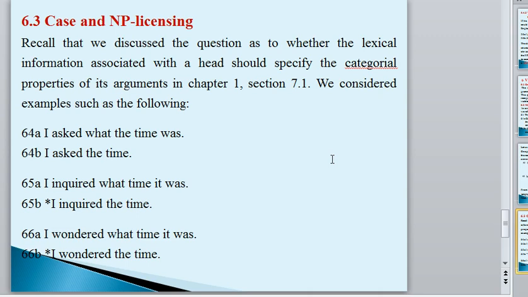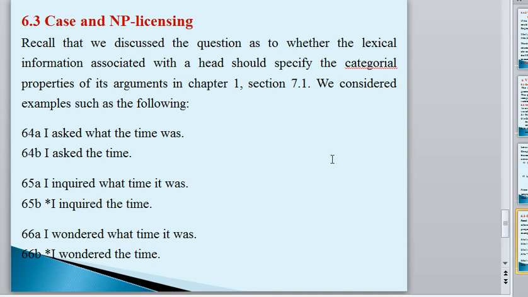Okay, that's the end of this chapter, the case system and the case filter. As you see, in this session we talked about passivization and the properties of the passive verb. As I told you, the passive verb cannot assign case to the complement NP, so the movement is obligatory and the object should move to the subject position.